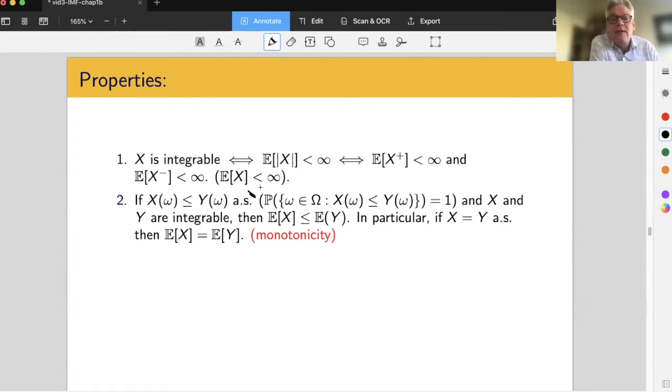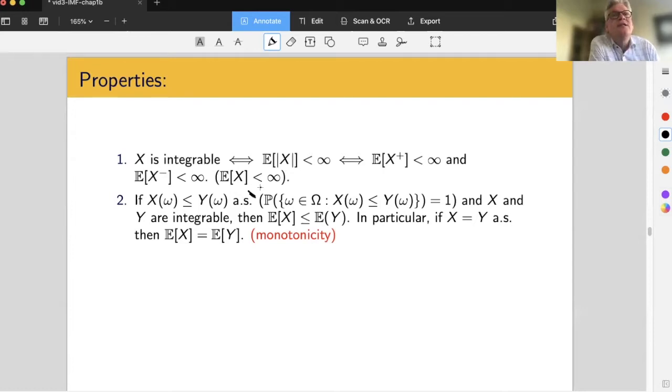And when X and Y are integrable, then the expected value of X is less or equal than the expected value of Y. And in particular, if X is equal to Y almost surely, then the expected value of X is equal to the expected value of Y. That is the monotonicity condition.